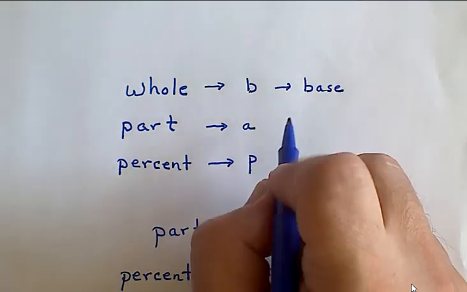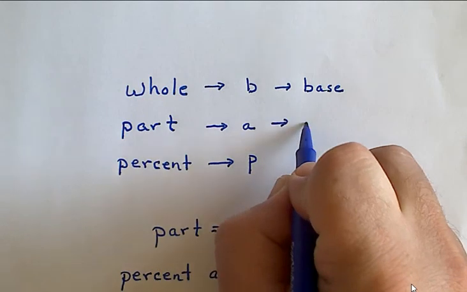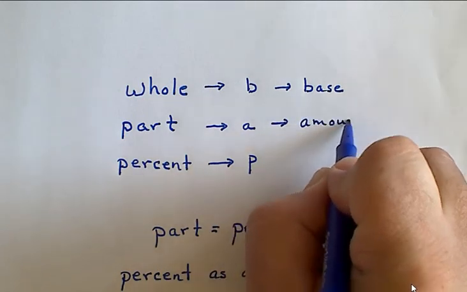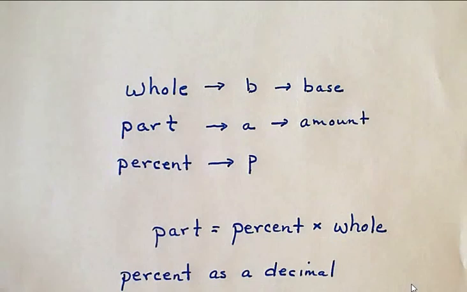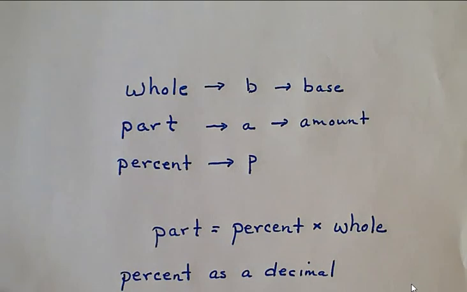The A stands for the amount that we're finding. That's the notation a lot of textbooks like to use, but I want you to know what they represent. So we'll use A, B, and P, and set up some equations and see if we can solve them.